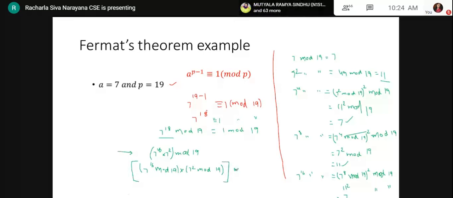This is also one of the modular arithmetic properties, explained in the last session by Anupam sir.